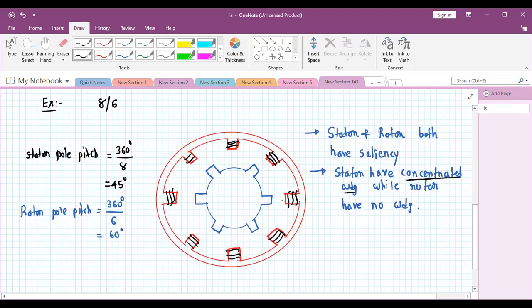Suppose this is the phase A. This is A phase. It is B, B dash, C, C dash, D, and D dash.